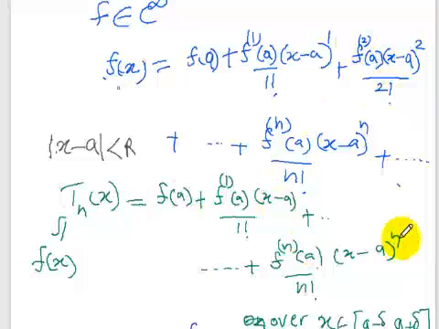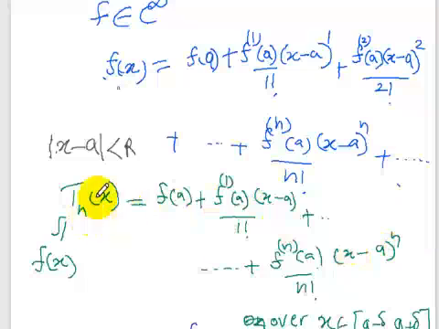This is the highest exponent, x minus a to the power 0, x minus a to the power 1, up to x minus a to the power n. This is a polynomial in x minus a. The degree of that polynomial is n, the highest exponent. This is called the nth degree Taylor polynomial.